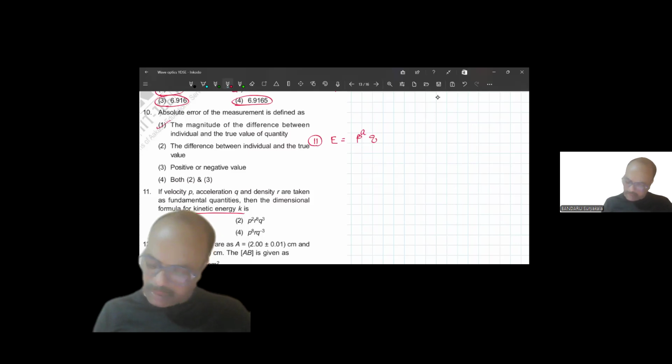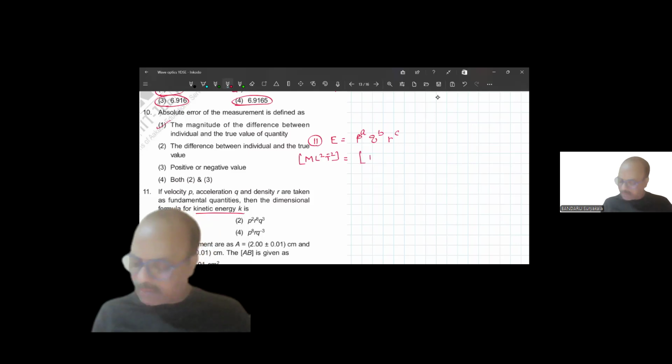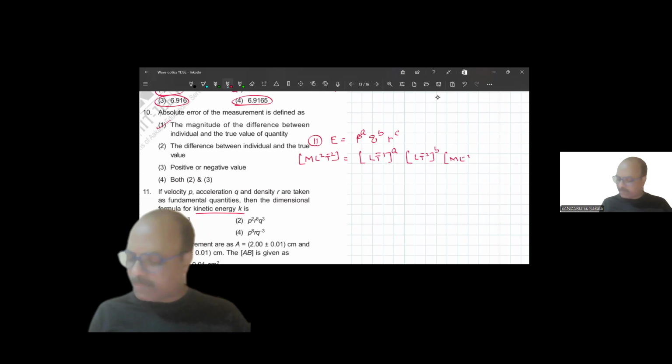Q power B and R power C. So the energy dimensional formula we have is M L square T power minus 2. And the velocity dimensional formula is L T power minus 1, power A. And Q here, the acceleration dimensional formula, is L T power minus 2, power B. R is density, meaning M L power minus 3, power C.